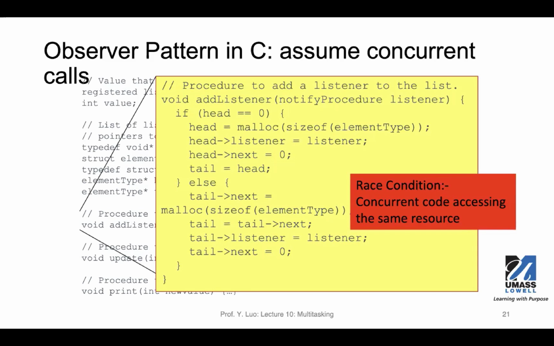This is called a race condition, which is essentially concurrent code trying to access the same resource, i.e. the shared variables.